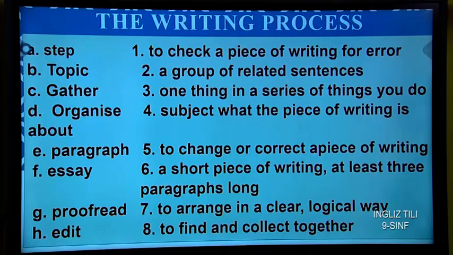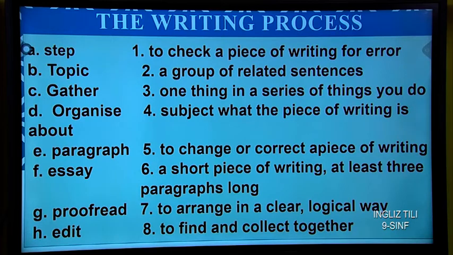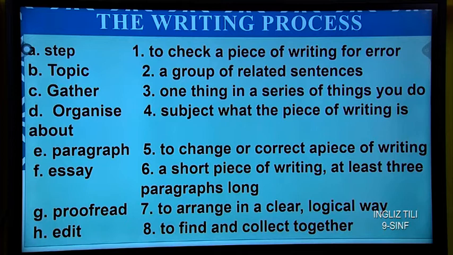E, paragraph, to change or correct a piece of writing. Essay, a short piece of writing, at least 3 paragraphs long. G, proofread, it is to arrange in a clear, logical way. H, edit, to find and collect together.